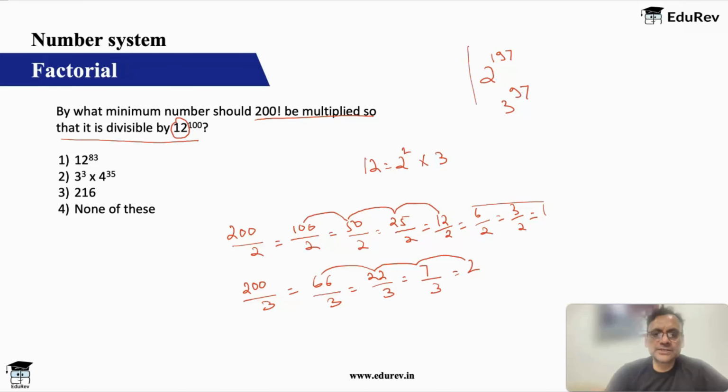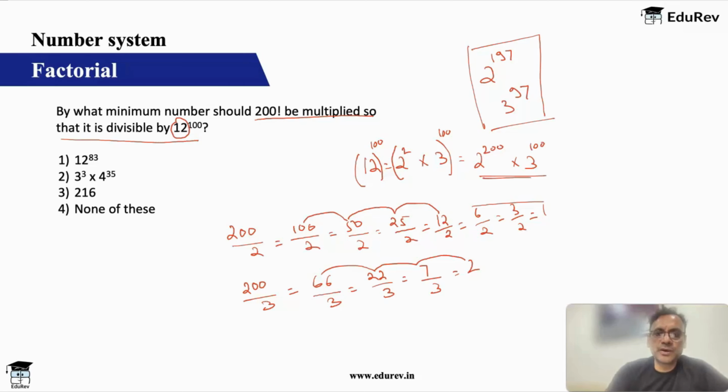Right? So this is what is there. What do I want to divide this with? It is 12 to the power 100. That means this to the power 100, which means 2 to the power 200 into 3 to the power 100. This is what I need.